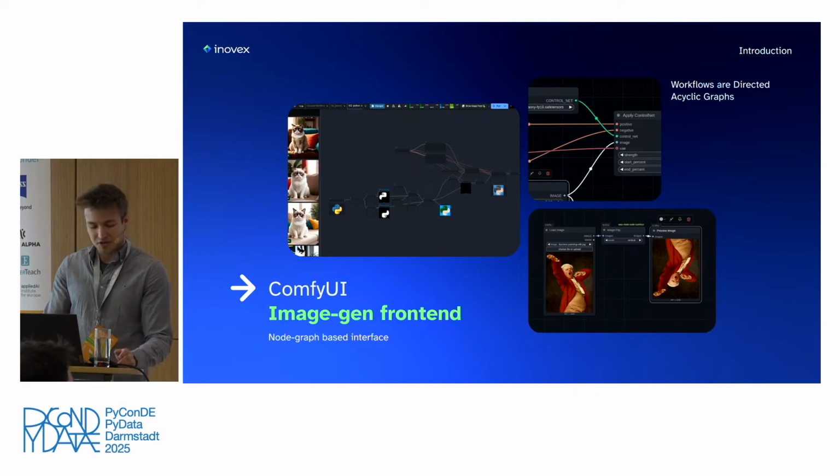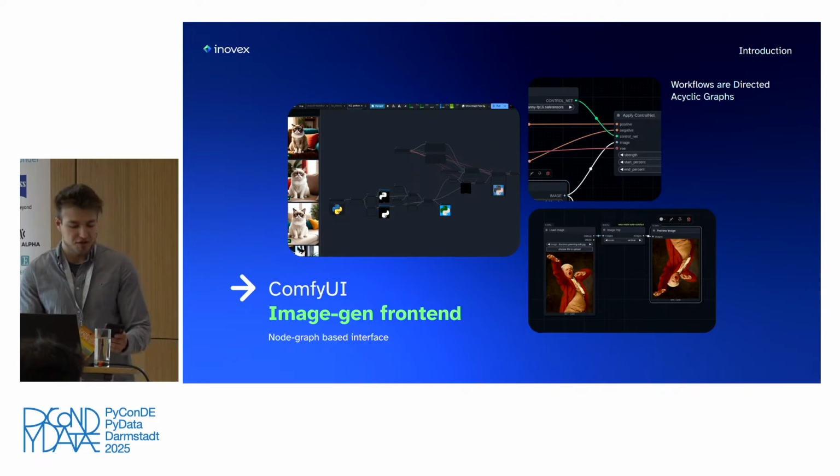The tool I'm going to use here is ComfyUI. It's an open source, modular image generation front end where you can create image generation pipelines using a node graph-based interface. You have nodes with outputs and inputs, and you connect them using connection lines and build a pipeline this way.